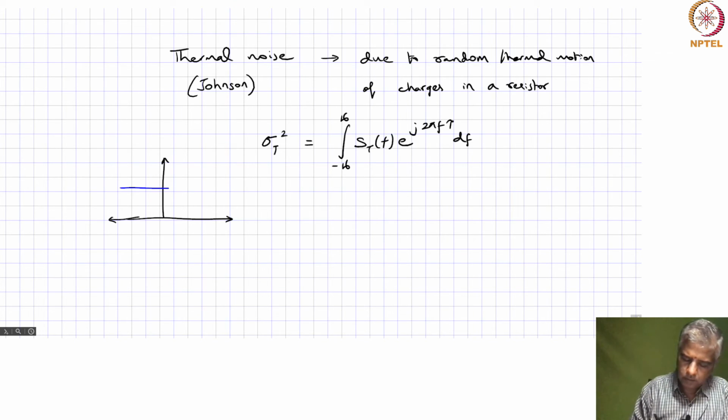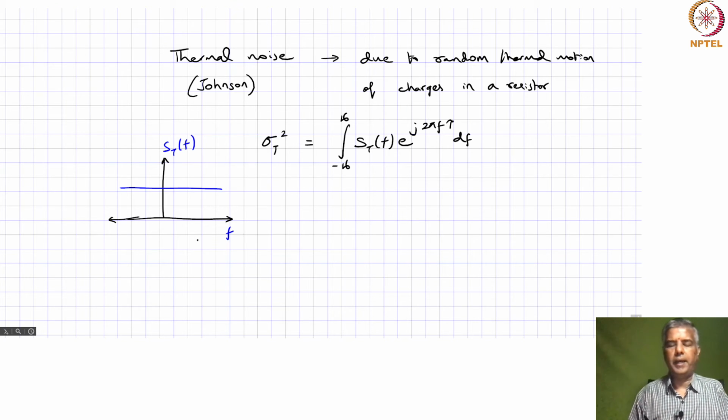So you will find that St(f) as a function of f is flat, and its value is given by 2kBT over the value of the resistor, which we generally call RL, where kBT corresponds to the thermal energy that the resistor is experiencing.